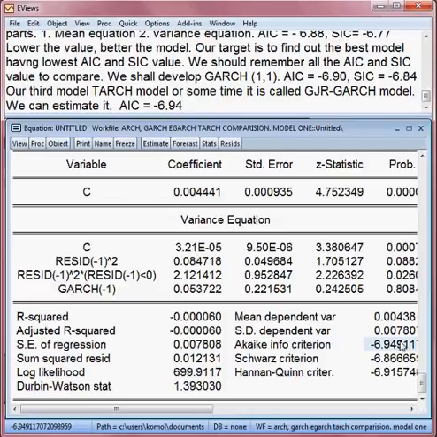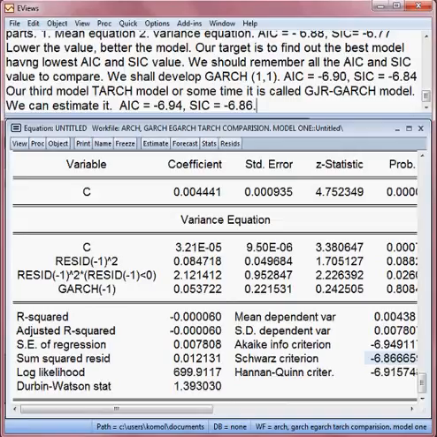Then what about the Schwarz criterion? Suppose I write it SIC. The value is 6.86. So one is 6.94 and one is 6.86.